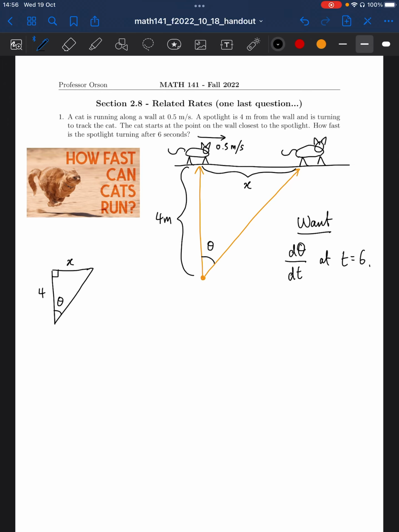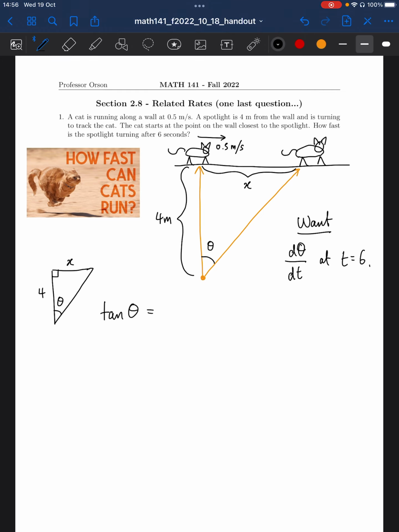So remember, always the next thing to do is look at the variables you have. I've got an x and I've got a theta. Try and relate them by a formula. So this seems to be what I should be using. So the formula relating these two things is that the tangent of theta is opposite over adjacent.